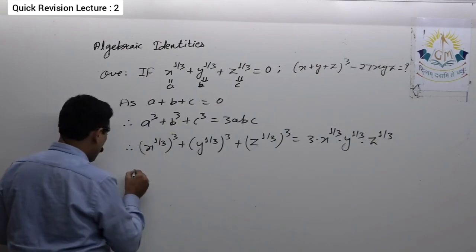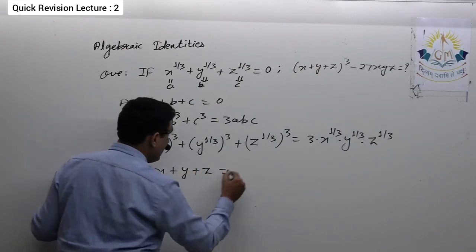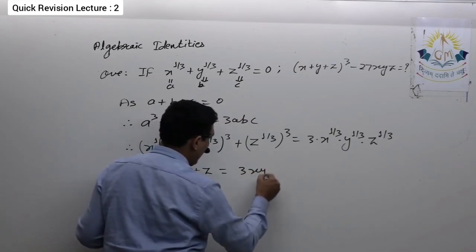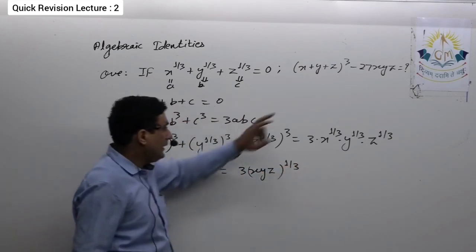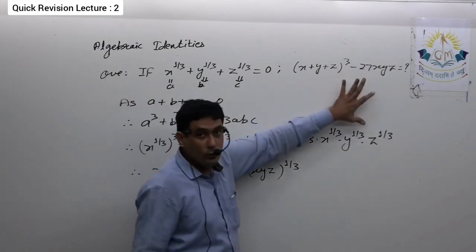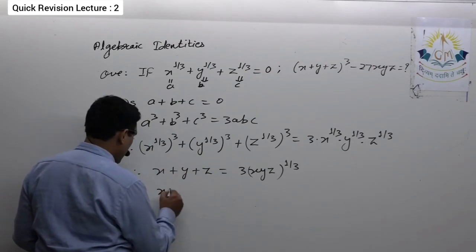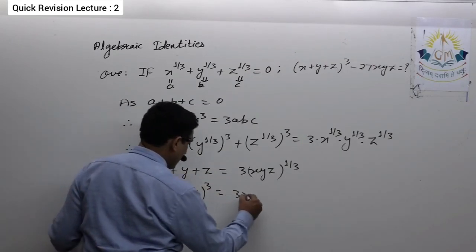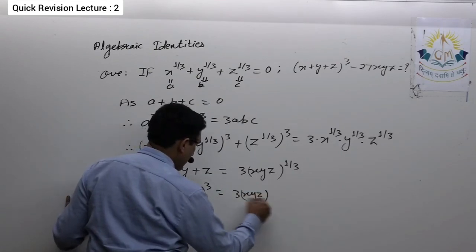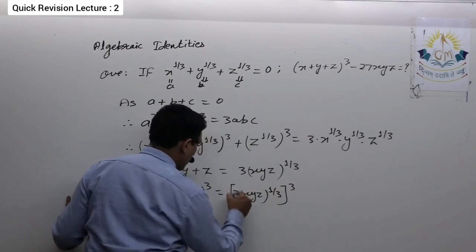So over here I'll get x plus y plus z is equal to 3xyz raised to 1 by 3. But what I need is x plus y plus z whole cube. So if I cube both sides, I get x plus y plus z whole cube is equal to 3xyz raised to 1 by 3, whole cube.